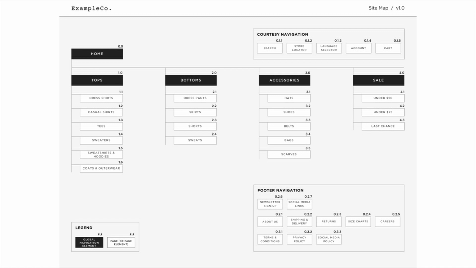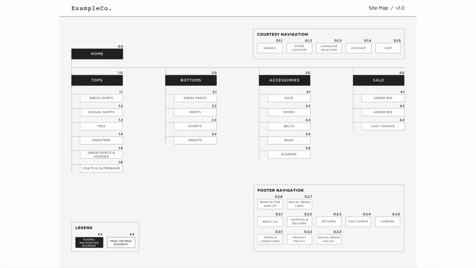Now that you understand the legend, let's take a look at the information architecture itself. Each one of the elements that are highlighted in black are part of our global navigation. Typically, these are the elements that our user sees when they first interact with our interface.